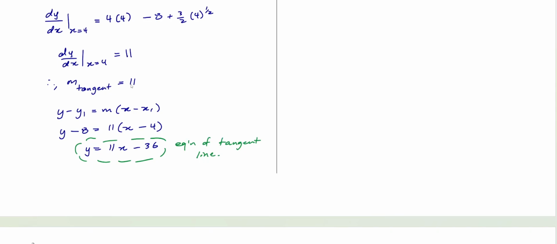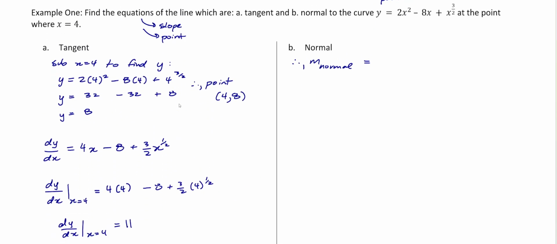So the slope of the tangent is 11, the slope of the normal is negative 1 over 11. It still passes through the point (4, 8). We're going to find the normal to the curve at that point. So it's still going to pass through this point, but it's going to have the negative reciprocal slope of the tangent.